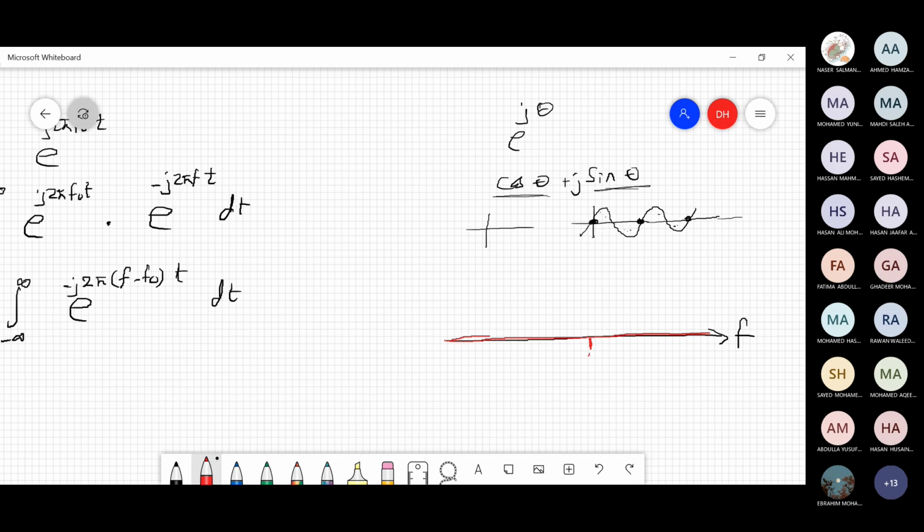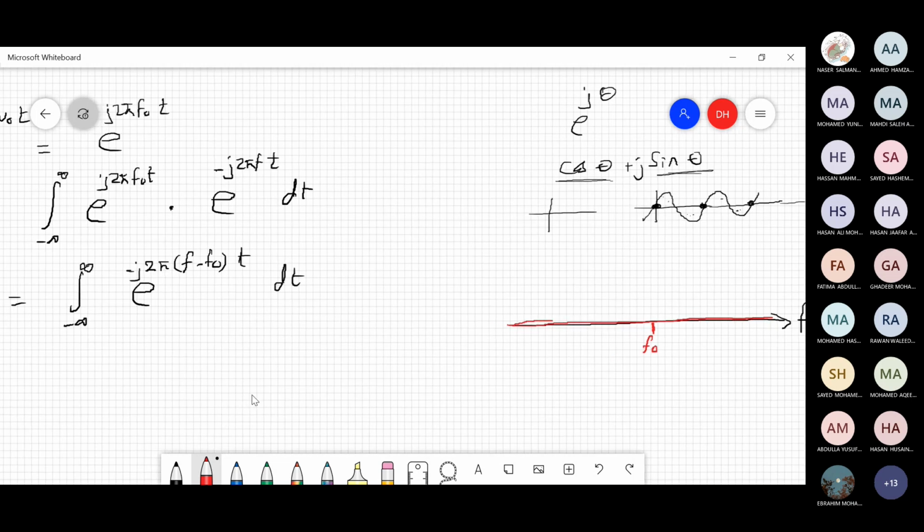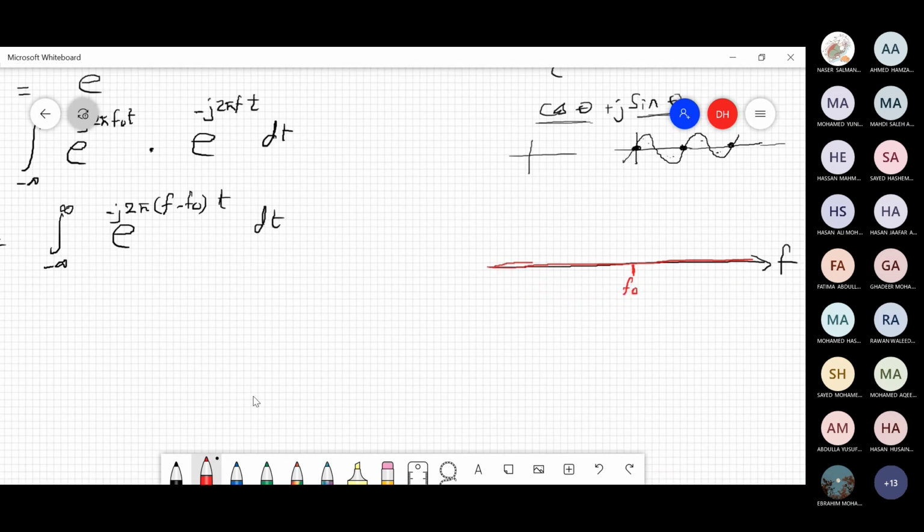So at f naught, what do we have here? At f equal to f naught, this is equal to 0, so then it will be e to the power of 0, which is equal to 1. And integration of 1 dt from minus infinity to plus infinity is equal to infinity.